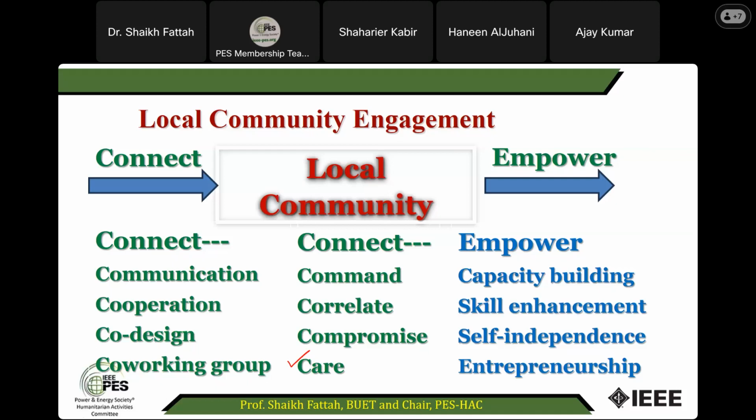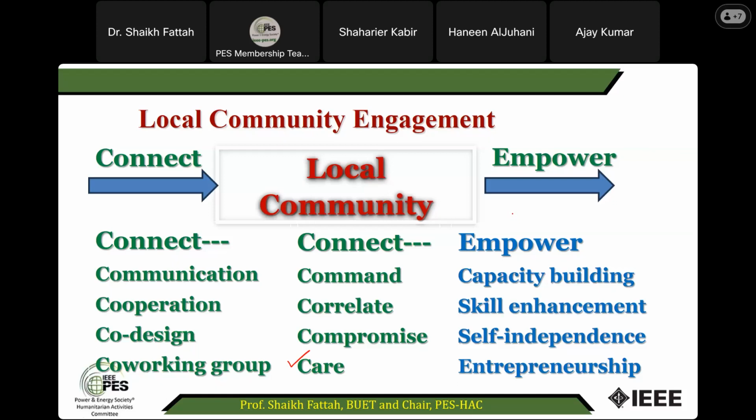It's very important, because once you are doing a project, then fine, the project is over, but who will take care of it? Maybe you, five or six members, design a project for the community. Then what next? You establish the facility, but who will take care of it?